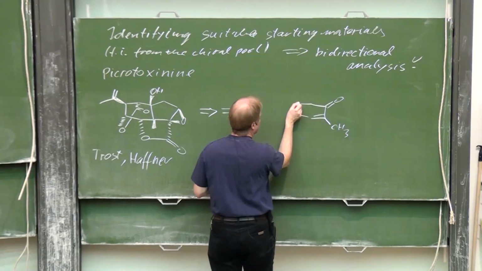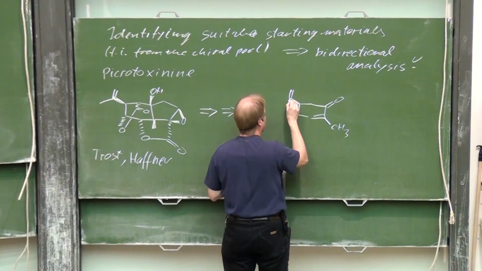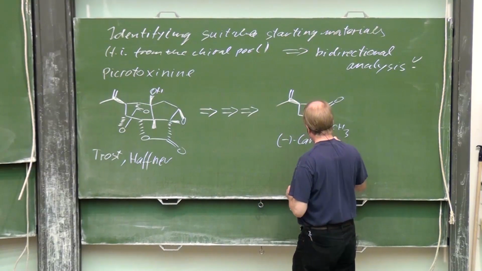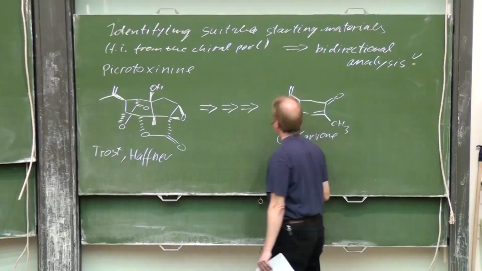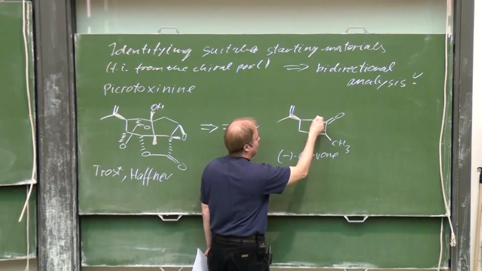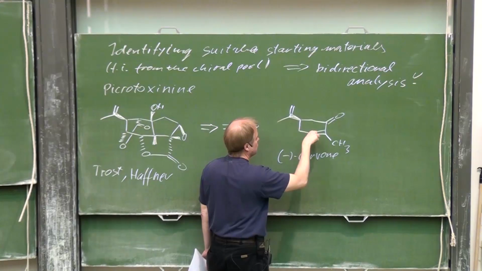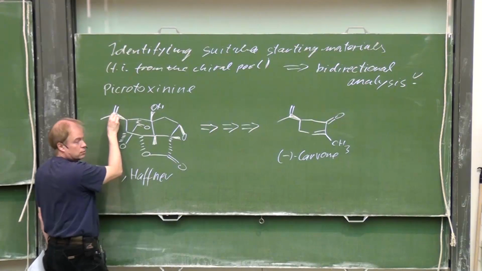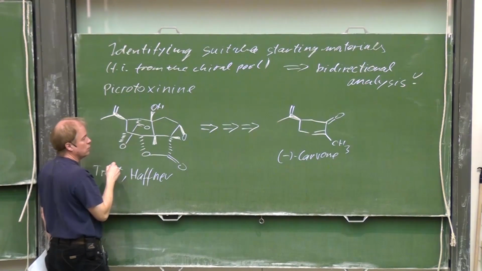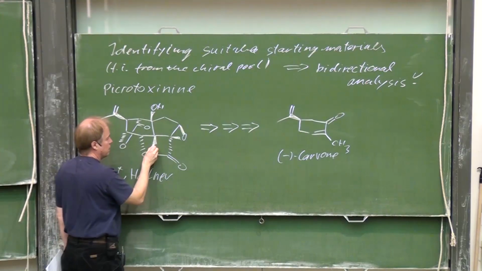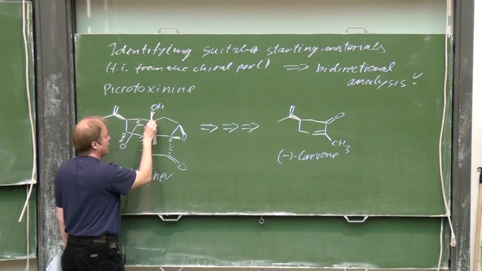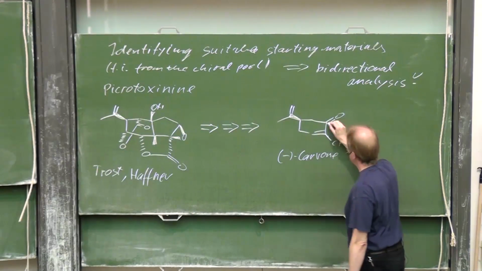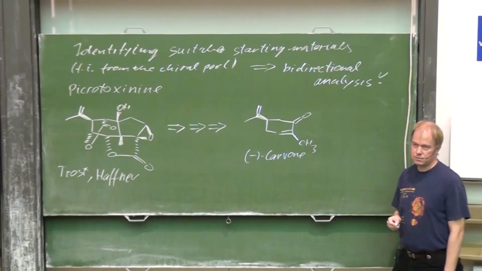So we have that six-membered central ring with an isopropyl group here. Here the six-membered ring, the isopropyl group, the same stereochemistry, a methyl group at this position, and an oxygen functionalization there. Here the same, methyl group and oxygen functionalization.